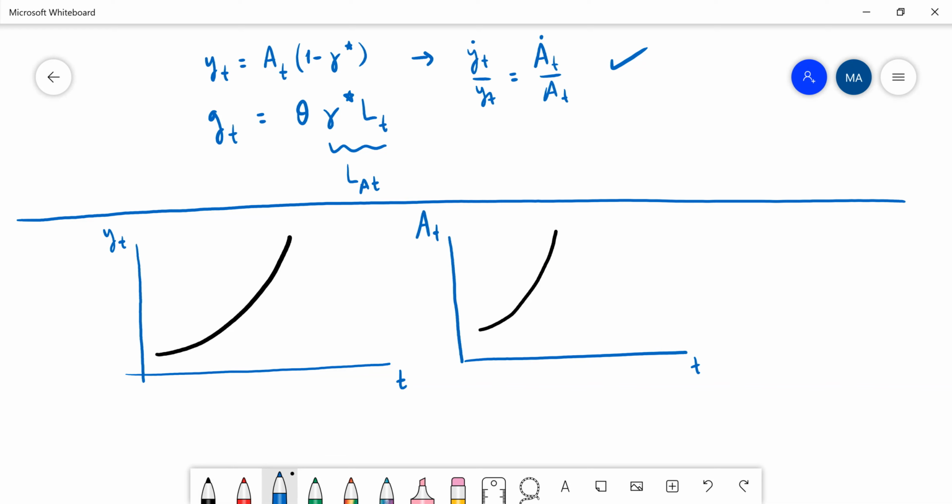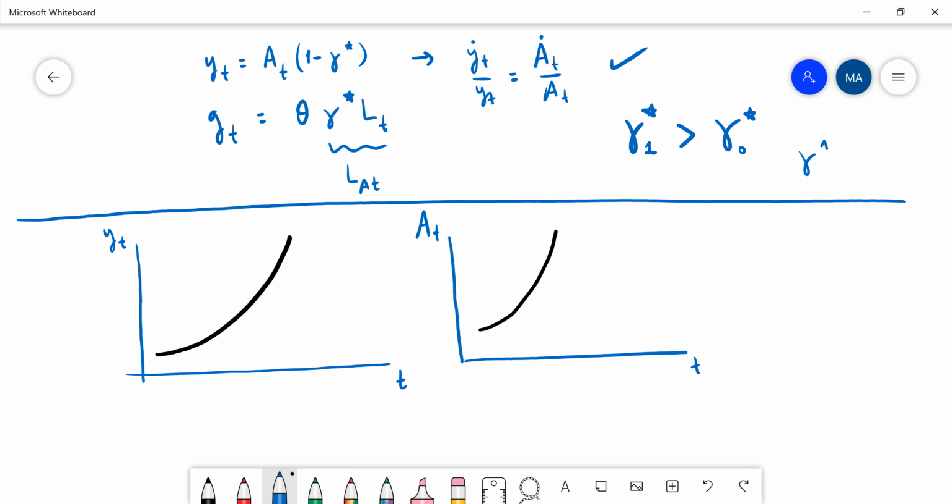Now you may imagine a change in gamma, okay? So how do you understand a change in gamma? Okay, suppose that gamma star is increasing.